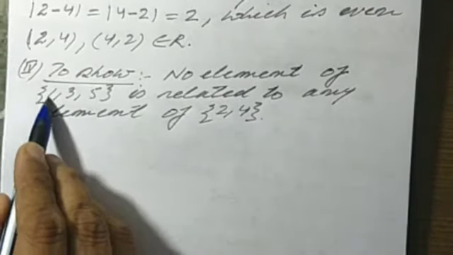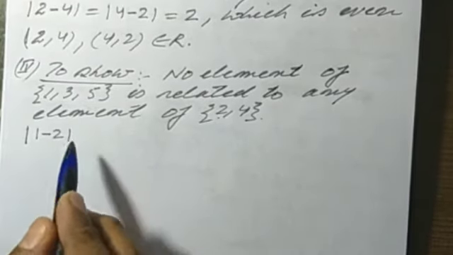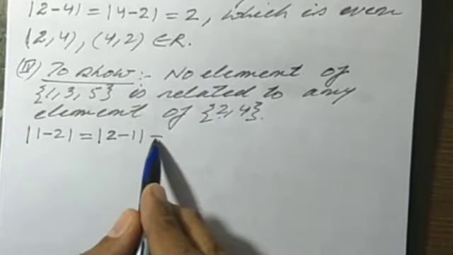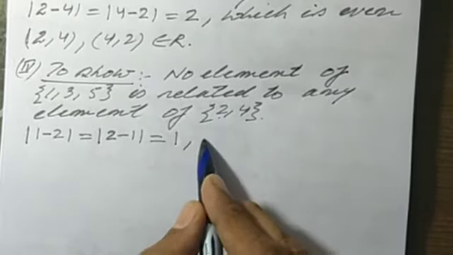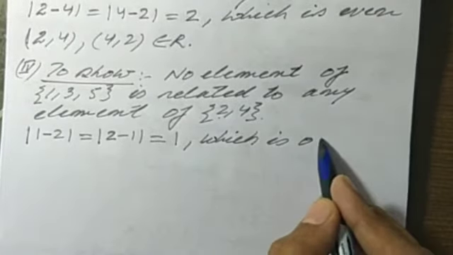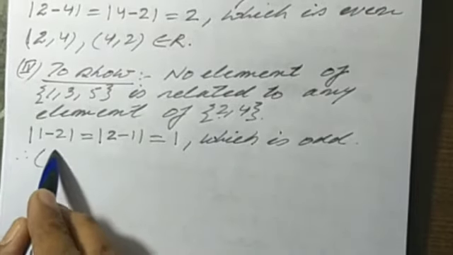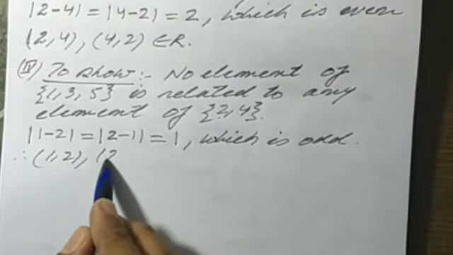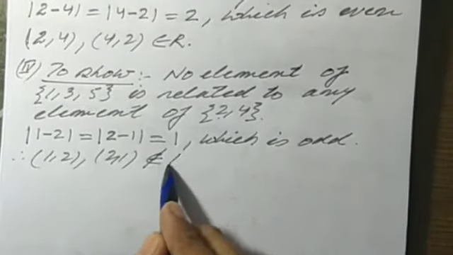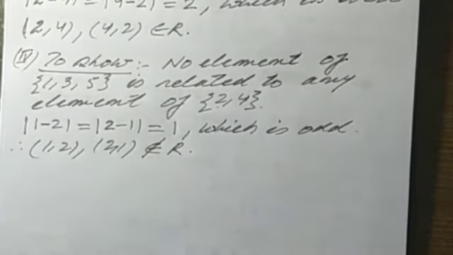So let us take 1 and 2 out of them. Modulus 1 minus 2 is equal to modulus 2 minus 1 is equal to 1, which is odd, or we may say which is not even. So 1 comma 2 and 2 comma 1 do not belong to R. Now let us take 1 and 4 in the same way.